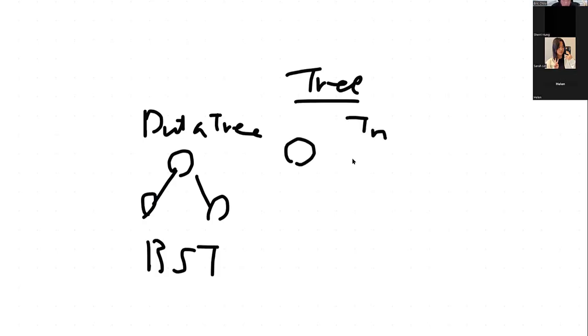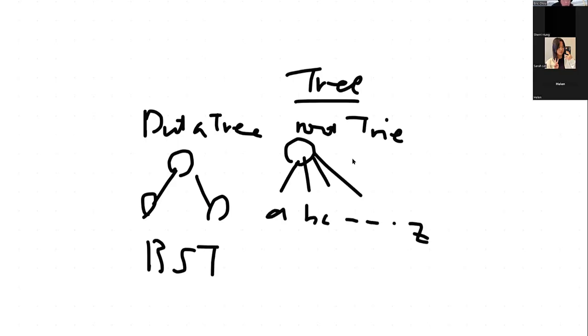A trie has a root node, and then your branches are A, B, C, D up to Z for the first letter, and then under A you may branch out as A, B, C, D. So your tree branches out every time with a different next letter.